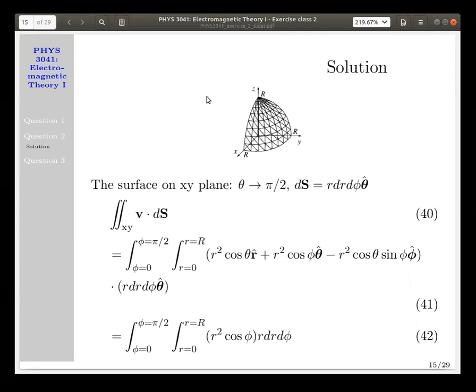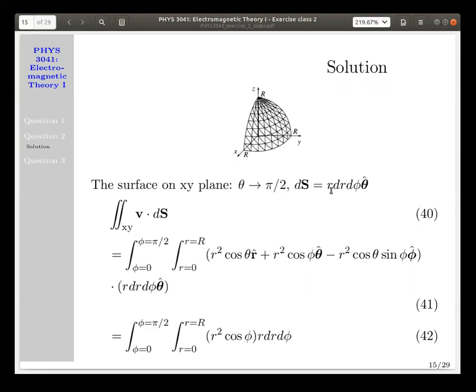Then we do the integral on the surface in the xy plane. On this surface, theta is fixed to be pi over 2, and the differential area dS is r dr d phi theta hat. On this surface, the normal vector is pointing downwards.